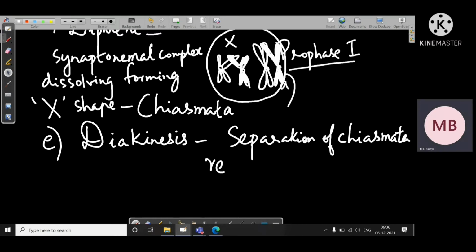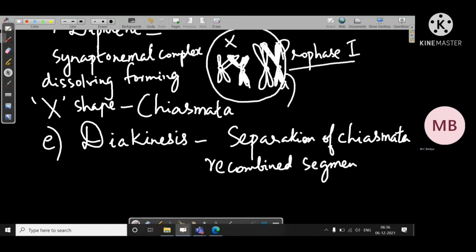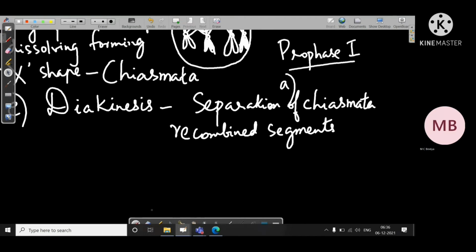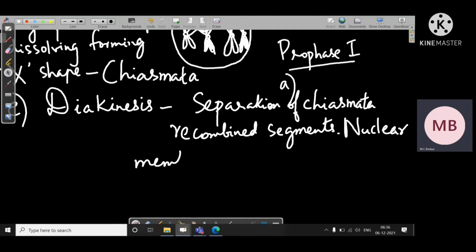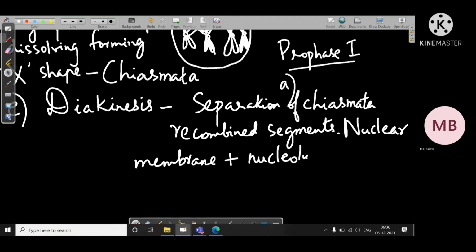And we can also see the recombined segments. Slowly, the nuclear membrane also disappears. The nuclear membrane, as well as the nucleolus, is also not found. They both disappear.